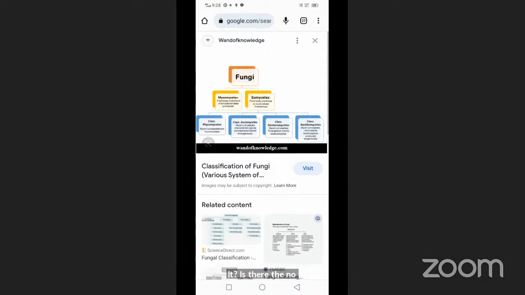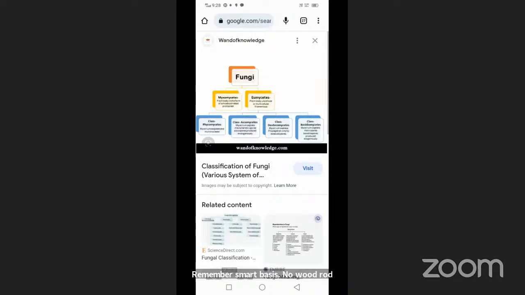Next one, ergot of some are the Gramineaceae family. Smut diseases are caused mainly by the Basidiomycotina members, smut diseases, next rust diseases, wood rot diseases.